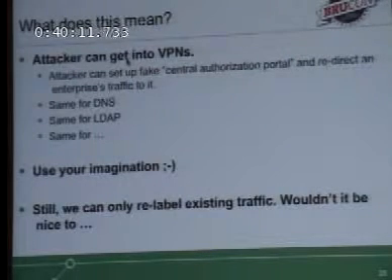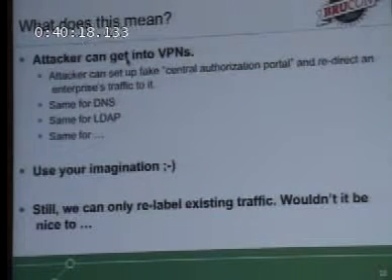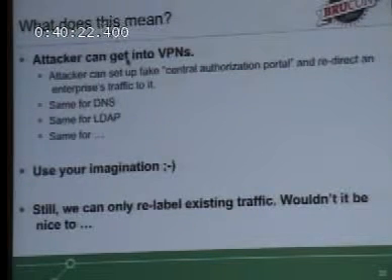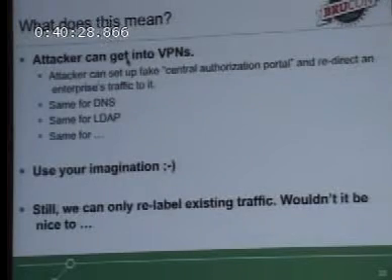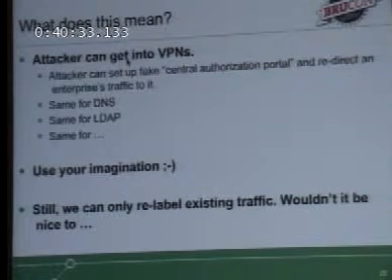You can set up a DNS and look for all the DNS information transferred to or inside of the network, or you can, for sure, answer DNS requests. So you can use your own imagination for what you can do if you can relabel all the packets and send or receive information.